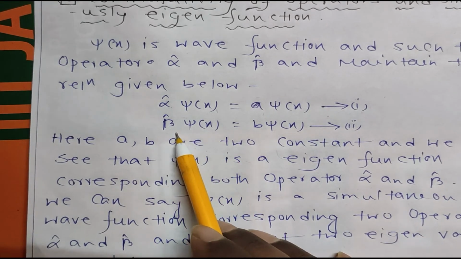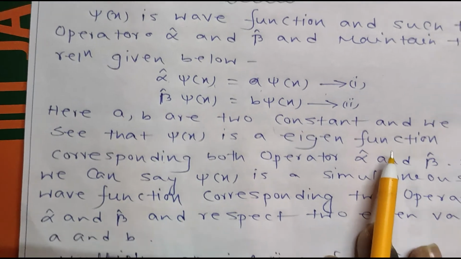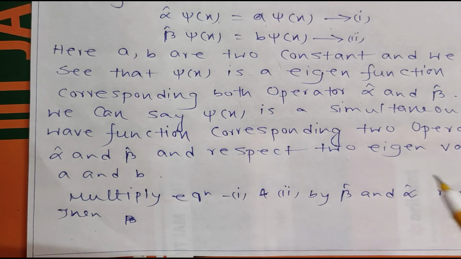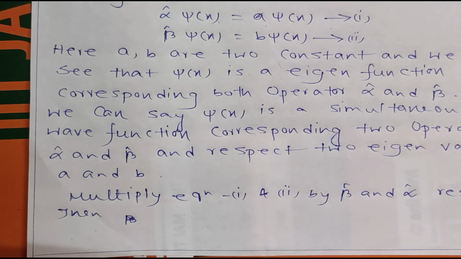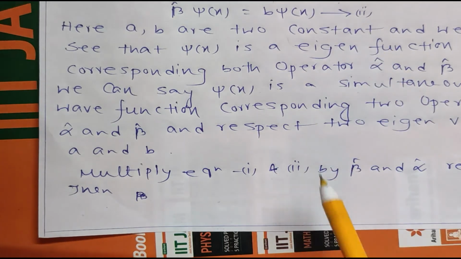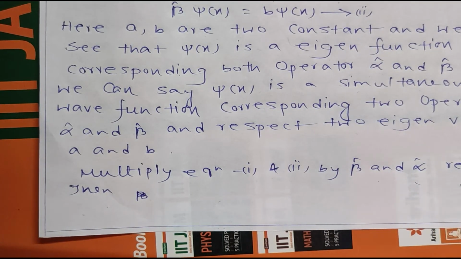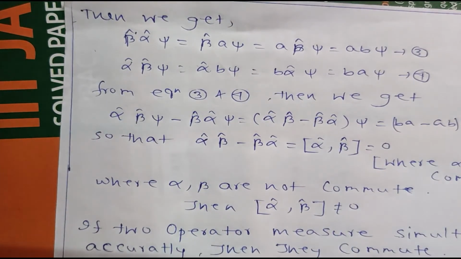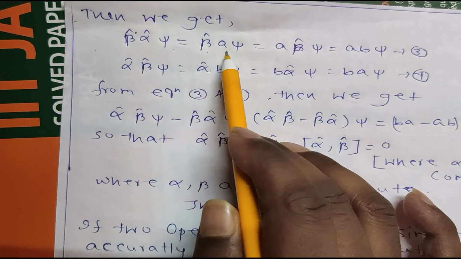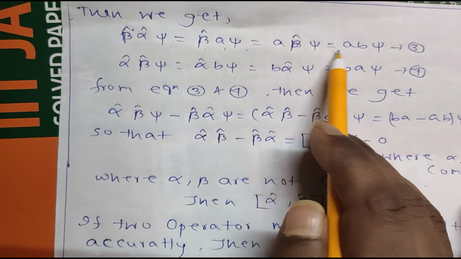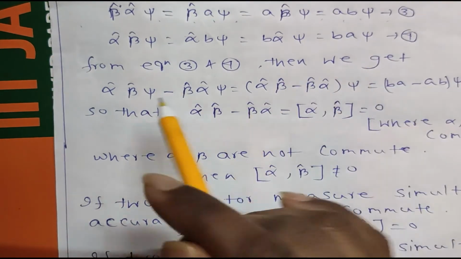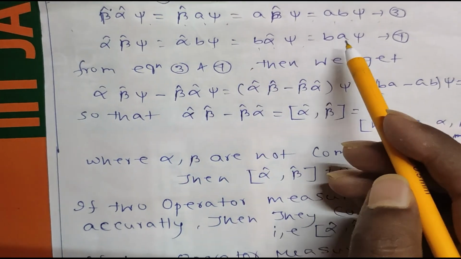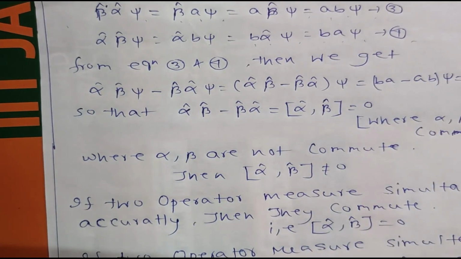This psi(x) is also known as a simultaneous eigenfunction. Multiplying equations 1 and 2 by beta and alpha respectively, we get beta alpha psi equals beta a psi equals a beta psi equals a b psi, and alpha beta psi equals alpha b psi equals b alpha psi equals b a psi. These are equations 3 and 4.